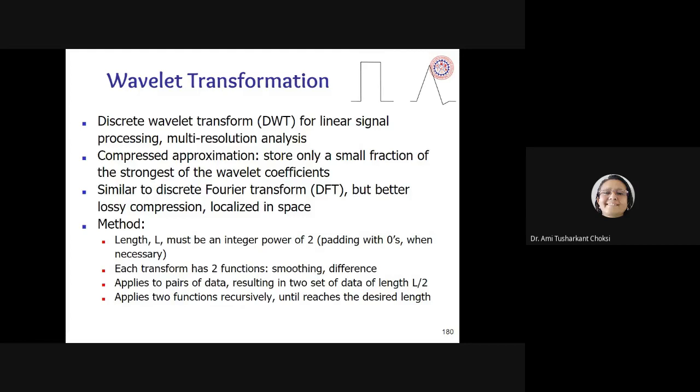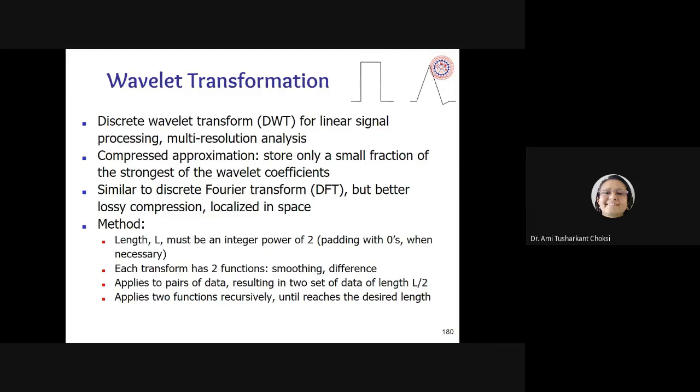Now that strongest coefficient can be calculated using any particular formula that I give for a particular application. Whatever is there in the application, the way the parameters are, it depends on a particular model, isn't it? So we store only a small fraction of the strongest of the wavelet coefficients, right? Instead of having the data for, say, a 3 by 3 matrix, I'll consider whatever is the strongest coefficient.